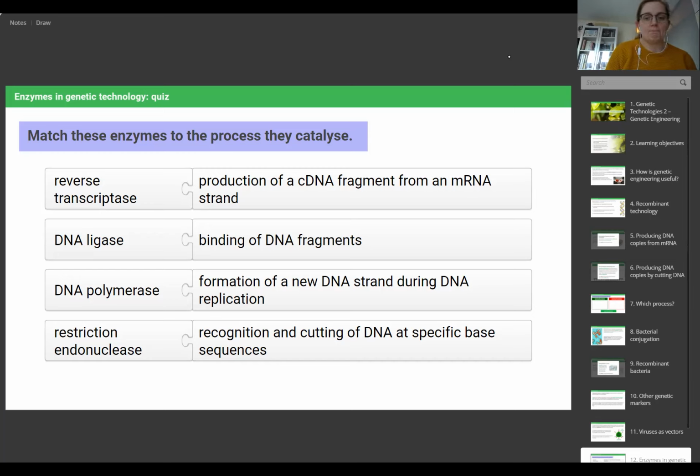Well, if we're going to obtain the DNA fragments, we want all the DNA fragments to be exactly the same. If we use different restriction endonucleases, we'd have different fragments. So we use the same restriction endonuclease enzymes to make sure that we cut the DNA at the same base sequence.